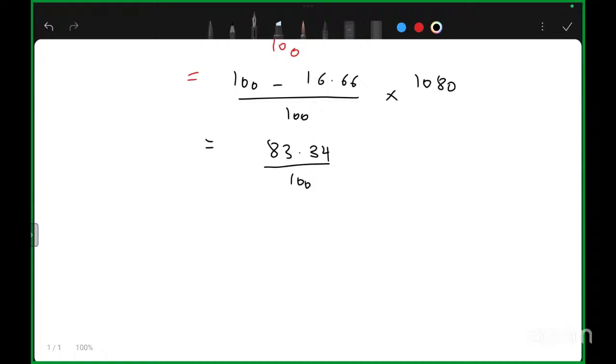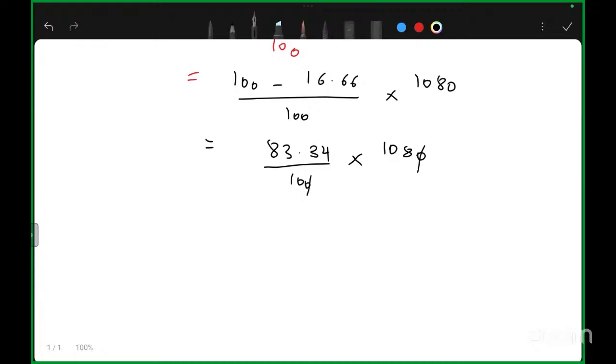Now, 83.34 upon 100 into 10 cancel. Now you can solve this further.